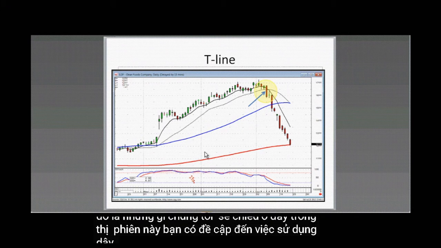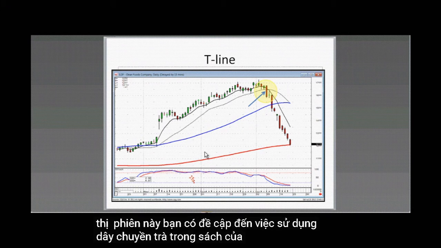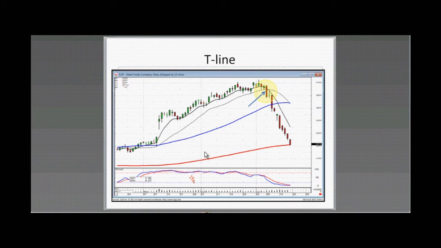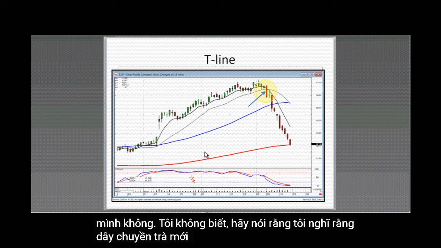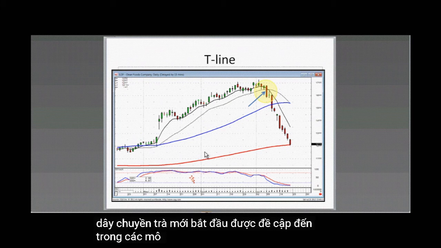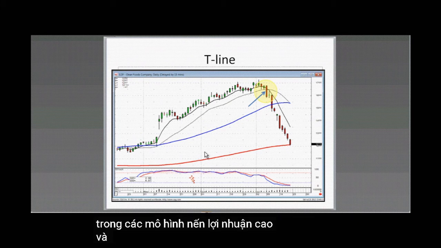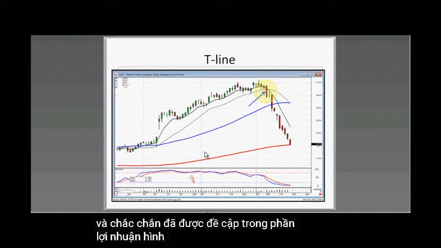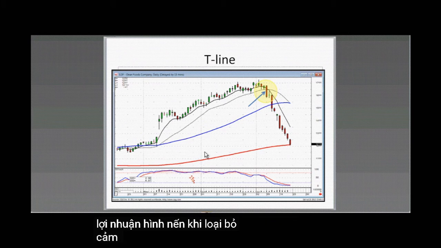Do you cover the use of the T-line in your books? Glenn, I don't know. Let's see. I think the T-line was just starting to be mentioned in the high profit candlestick patterns, and definitely being mentioned in the candlestick profits, eliminating emotions.